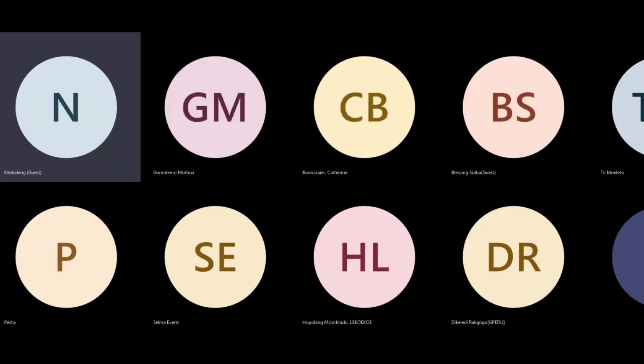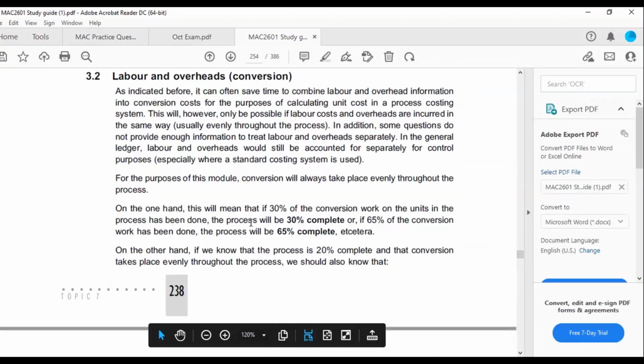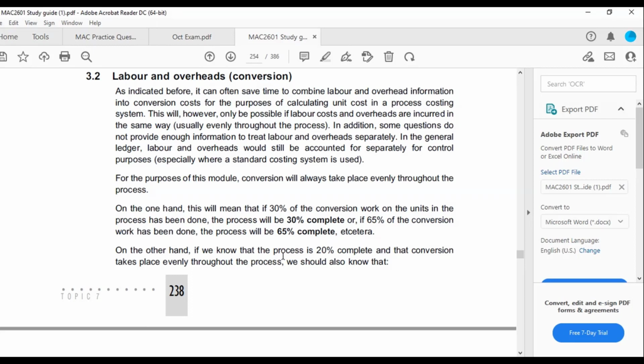Okay, in the equivalent unit situation, we see material at 100% when it comes to the cost. Let's look at labor and overheads conversion, as to how we view it in terms of process costing. As indicated above, I'm reading this so that you can see that it comes from your module, but you need to understand this and it must be embedded in your mind: with labor cost and overheads incurred evenly throughout the process, we need to know how we treat it.